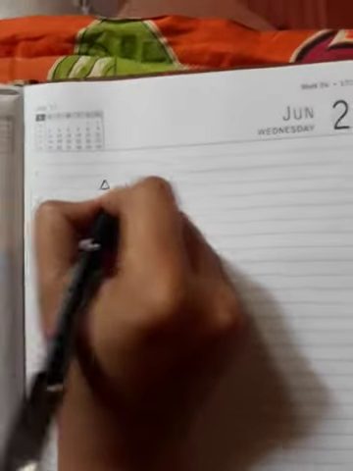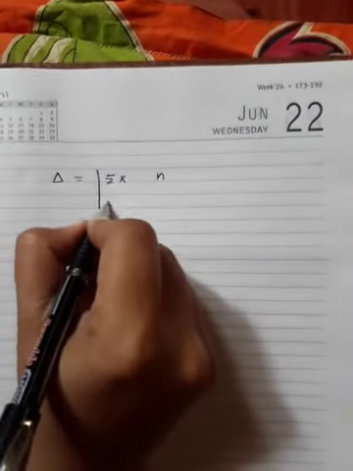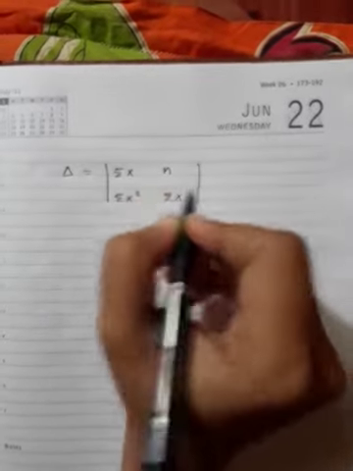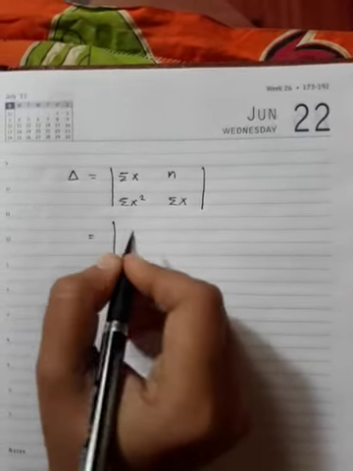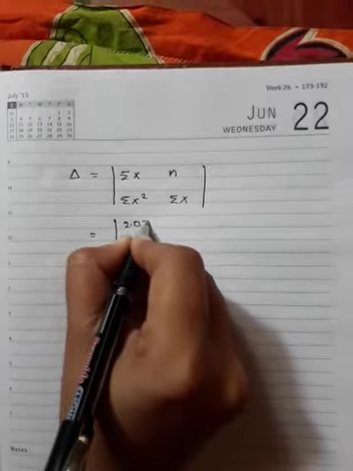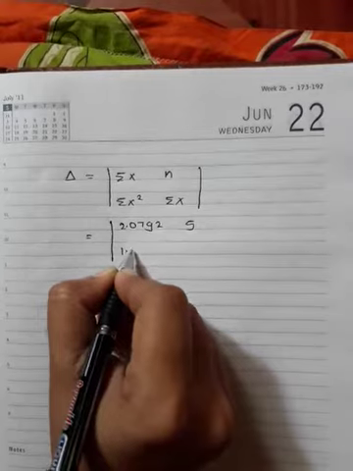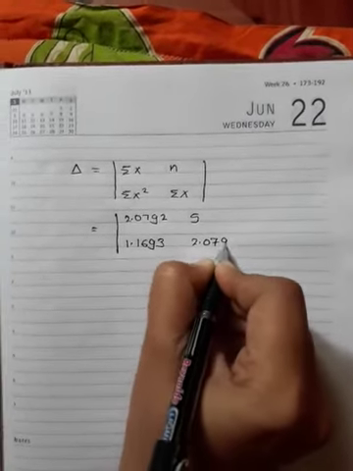So for now we are going to find out the value of delta. How are you going to calculate the value of delta? Delta is nothing but the determinant of summation x, n, summation x square and summation x. So I have entered the values of the determinant here: 2.0792, n is 5, summation x square is 1.1693 and 2.0792.